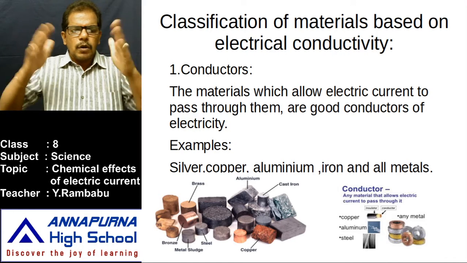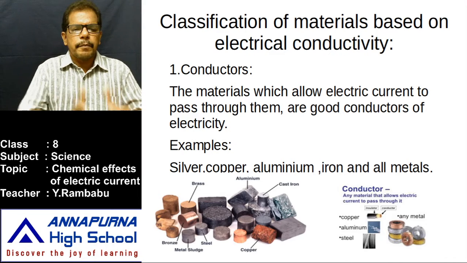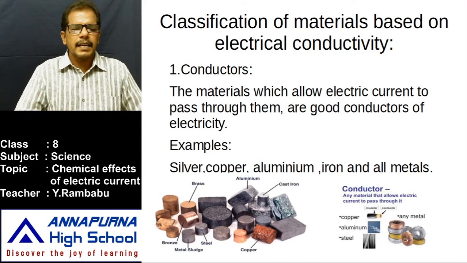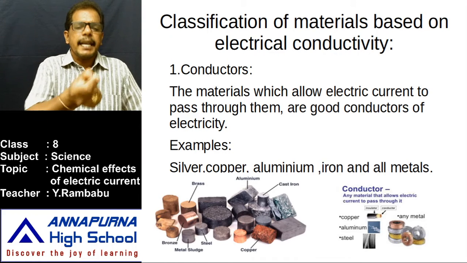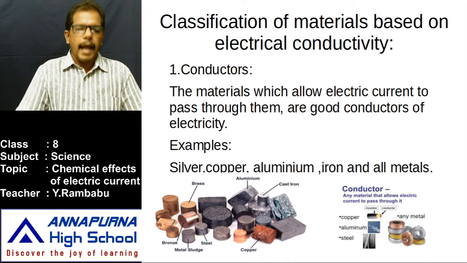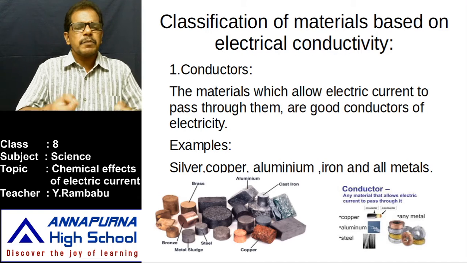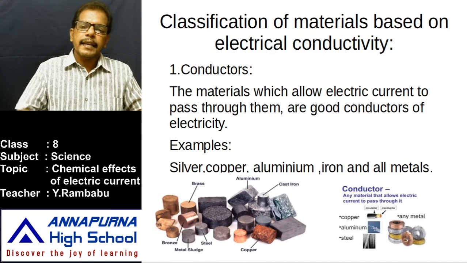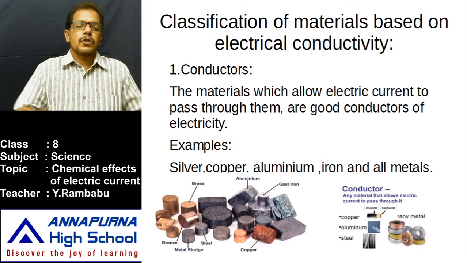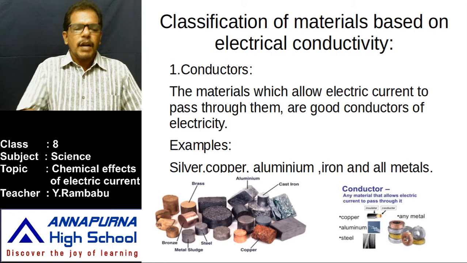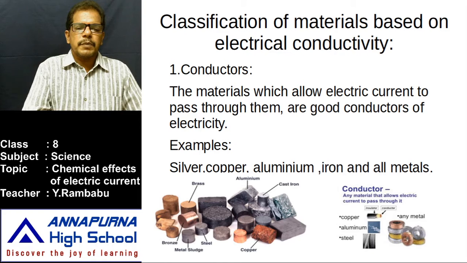How the total building is formed with so many bricks, in the same manner every matter is made up of tiny particles called atoms. These atoms are very, very small, not visible to our naked eye and not visible to a microscope also. But what we call the smallest particle, the atom, is not really the smallest.